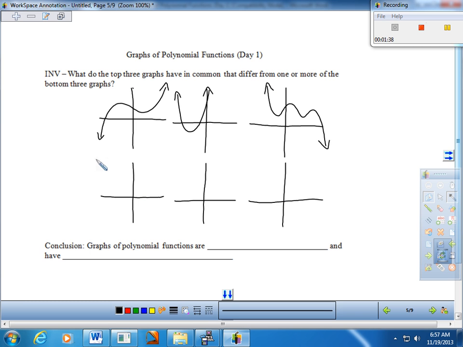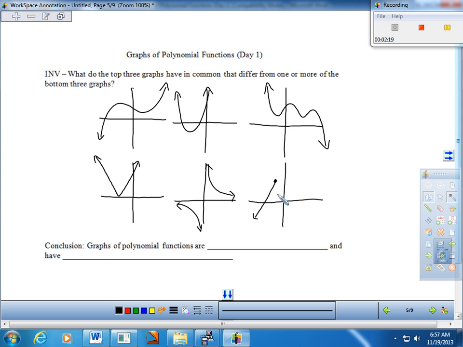So let's do this one first. Let's do the V shape. So that would be sort of the absolute value family. Let's do this one right here. Something like this. This would be in the rational family. And something like this potentially.